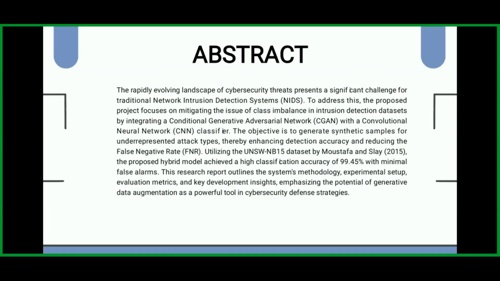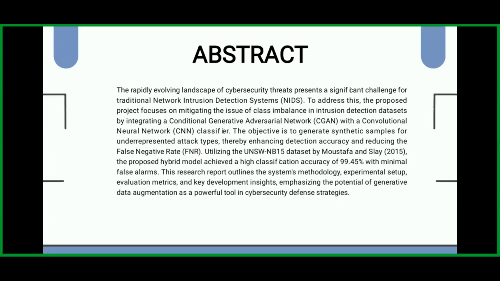We need to remove this imbalance between the real and the fake attacks, because whenever datasets are created, they are used for lab purposes or for network security improvements. So we need to pre-process the data.